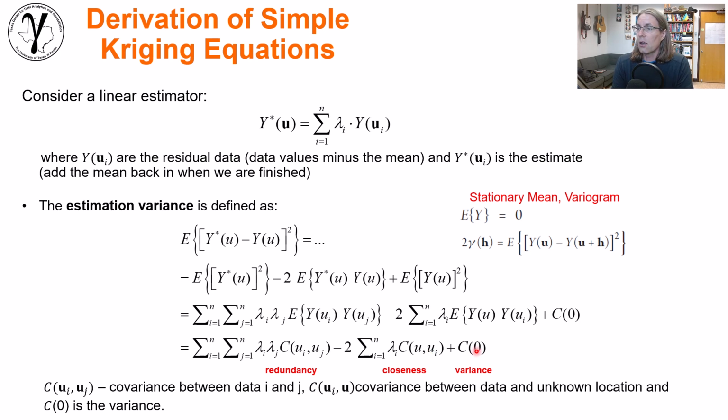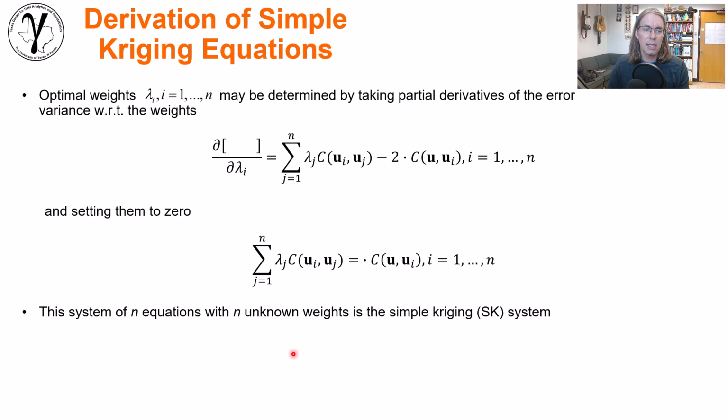And this, the covariance at 0 lag distance, is simply the variance of the problem, the data, or known as the sill when you did variogram modeling. So we can calculate the estimation variance without knowing the true value, and all we need to know is the locations of the data and the variogram model. And from the variogram model, we can calculate the covariances. Okay, so that's all we need.